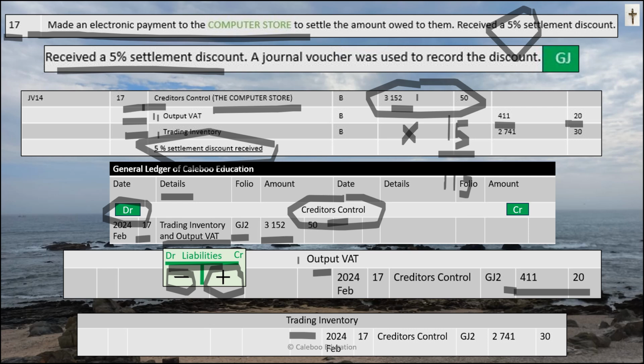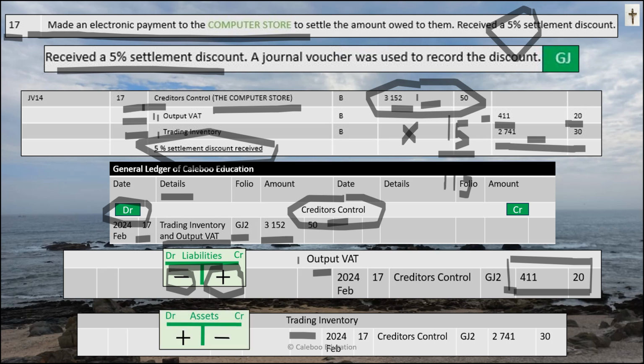Then the amount of the trading inventory, because remember that's recorded excluding VAT, we say 3152.50 cents, the inclusive amount, minus the VAT amount, and that gives us the trading inventory excluding VAT. So there you see how we got that 411.20 cents. So output VAT gets credited to reverse the input VAT by the settlement discount amount multiplied by 15 over 115.